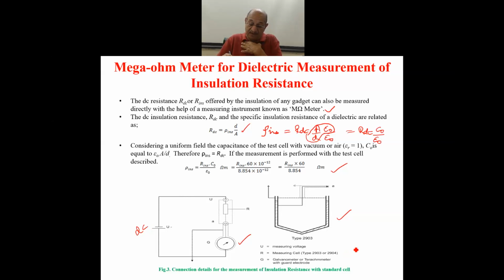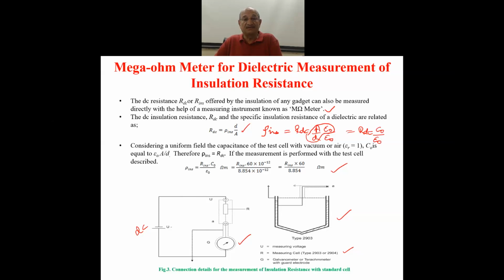That means when you are measuring the insulation resistance of the insulating oil or transformer oil, with a galvanometer or transformer with guard electrode, the instrument would measure directly the RDC in mega ohm, and that works out to be thousands of mega ohm.